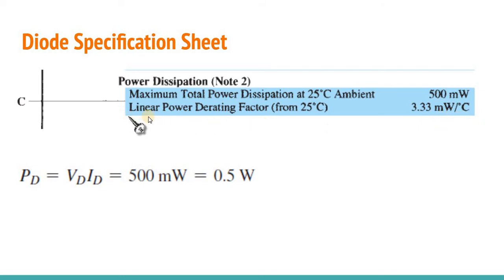Kaya sabot ani, every 1 degree Celsius nga madugang sa temperature sa diode, mubaba ang iyahang power dissipation by 3.33 milliwatts. So, every degree Celsius. So, kung mahimo yung temperature of 26 degrees Celsius, ang iyahang power dissipation will become 496.66.